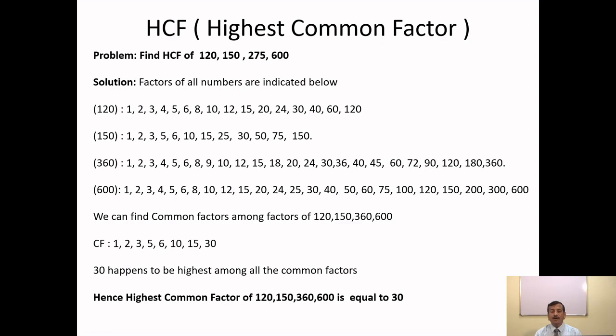Similarly, we get the factors of 360 and 600. We can find common factors among these as 1, 2, 3, 5, 6, 10, 15, 30. These are the common factors which can divide all four numbers. 30 happens to be the highest among all the common factors. Hence, the highest common factor of 120, 150, 360 and 600 is equal to 30.